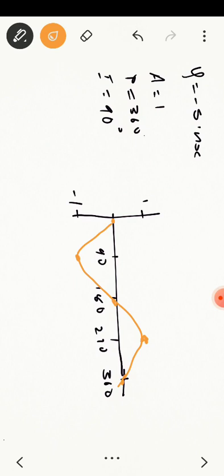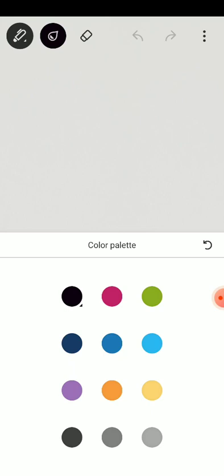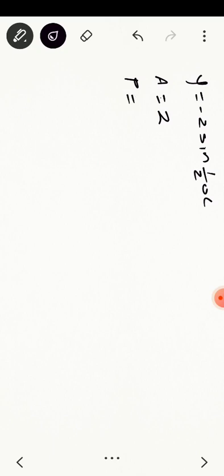So this is our graph of y is equal to negative sine x. Should it happen that we are asked to sketch the graph of y is equal to -2 sine half x, our amplitude is going to be the absolute value of a, which is just 2, and then our period is 360 degrees divided by a half.